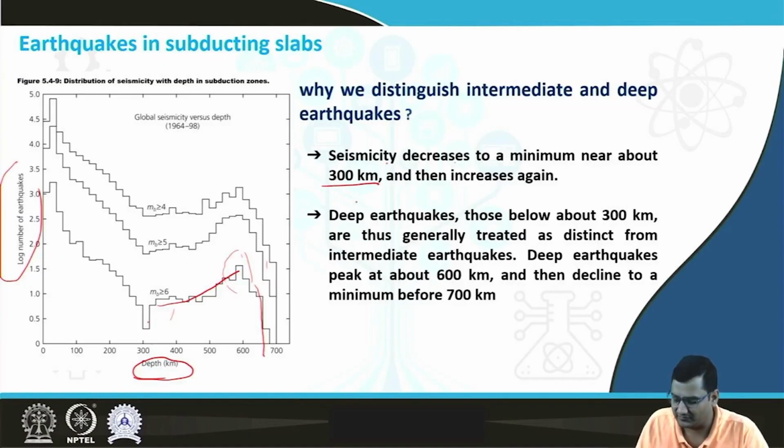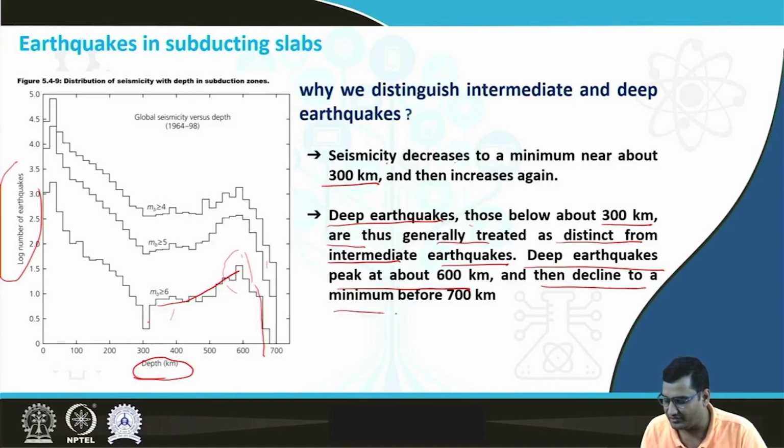So this is what it says. Deep earthquakes, those below about 300 kilometers, are thus generally treated as distinct from intermediate earthquakes. Deep earthquakes peak at around 600 kilometers and then decline to a minimum before 700 kilometers.